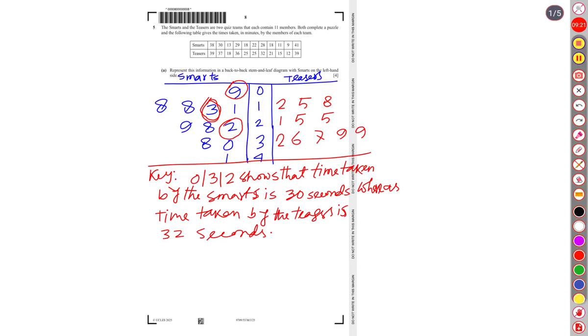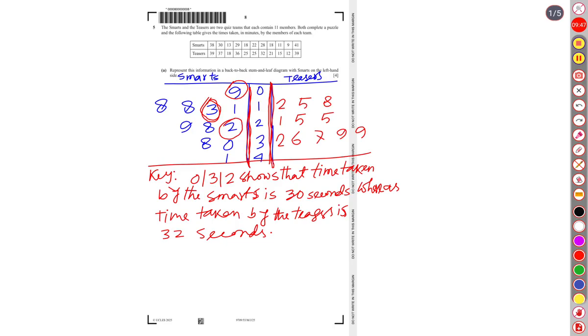Your counting should start from the line, not from further away. From here you will have to count. Okay, we are counting smarts. So the lowest value is 9 minutes. Then quartile 1 is 13 minutes, and the median is 22 minutes. Now the upper quartile: another 3 positions you will have to proceed.